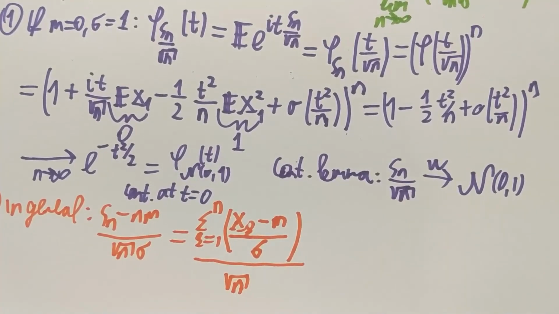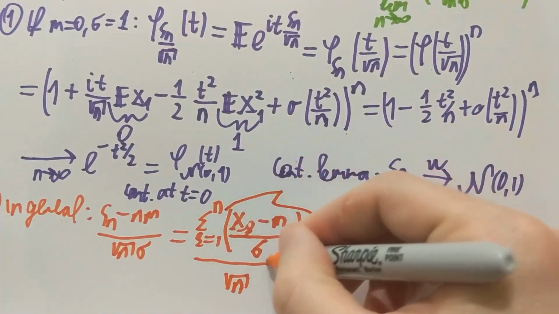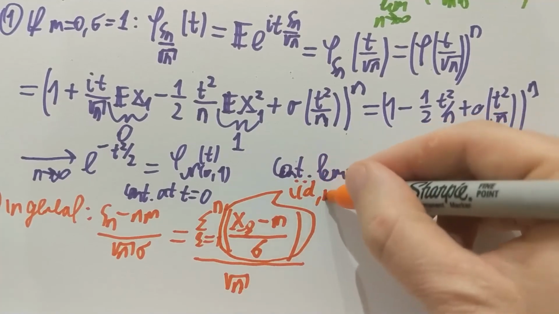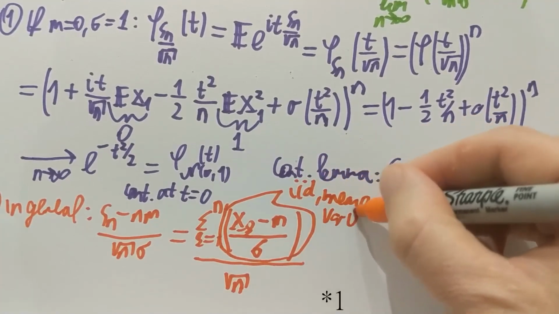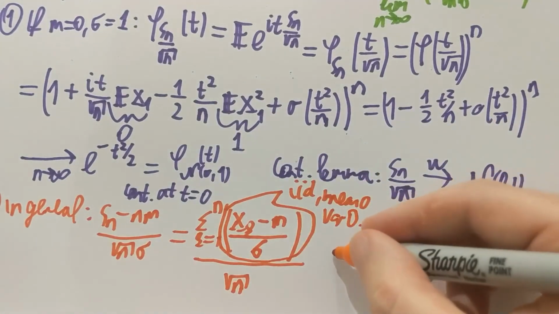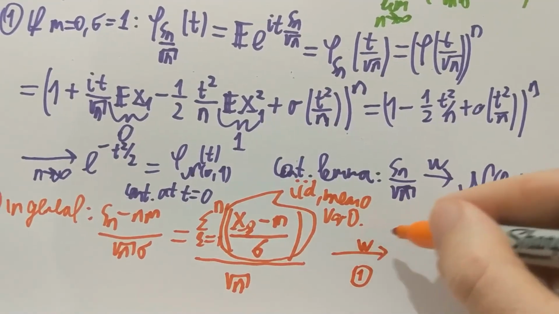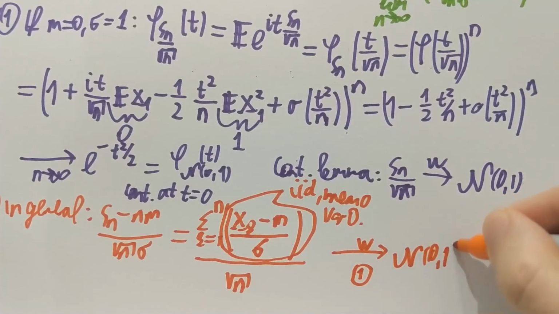The point is that these random variables here are IID, mean 0, and variance 1. Everybody can check that easily. So therefore case 1 applies, and by case 1, this thing will go weakly as n goes to infinity to standard normal, as needed.